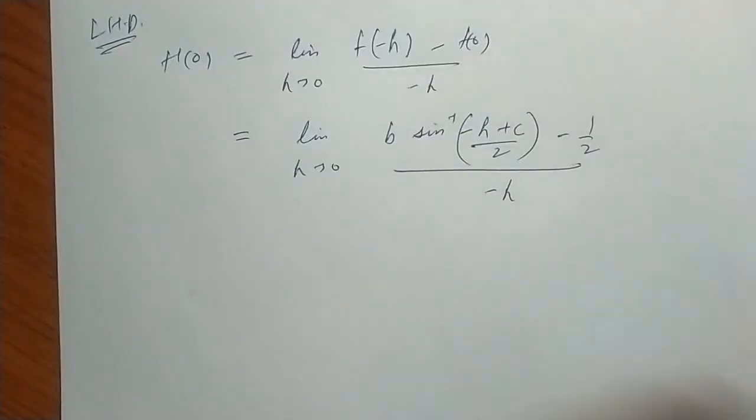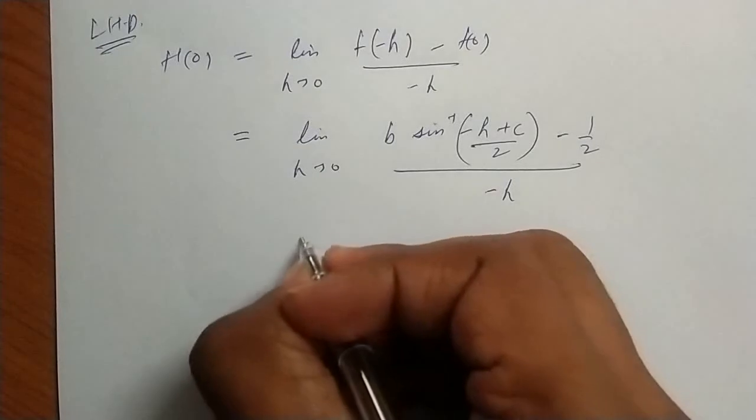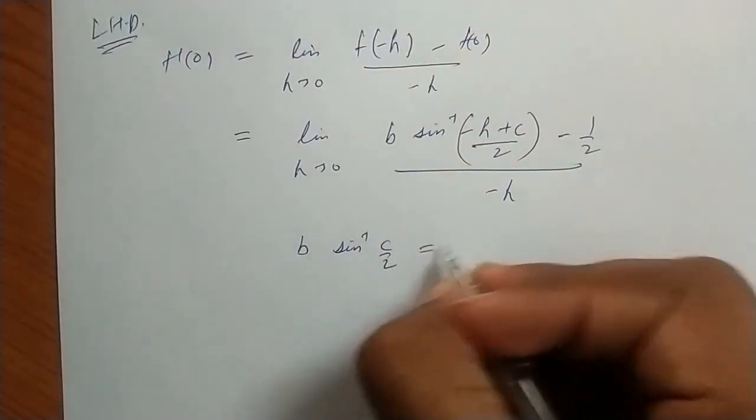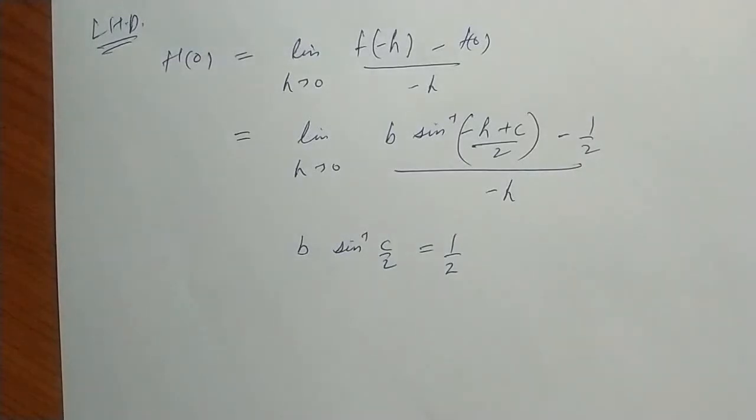Okay, so now at h tending to 0, the numerator must be 0. Hence b sin inverse c by 2 should be equal to half, which we have already obtained through the continuity condition.